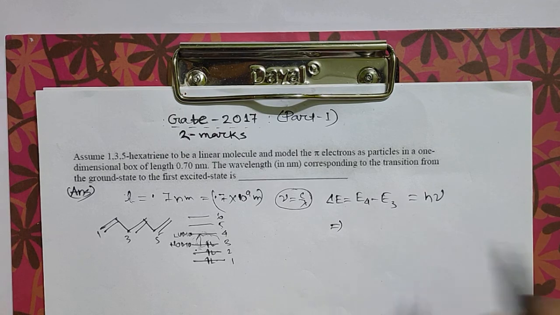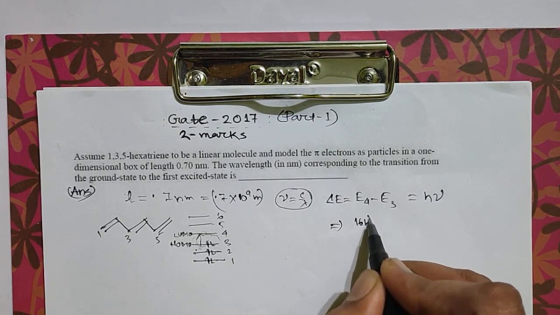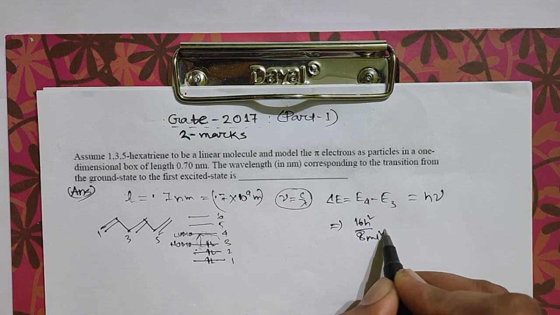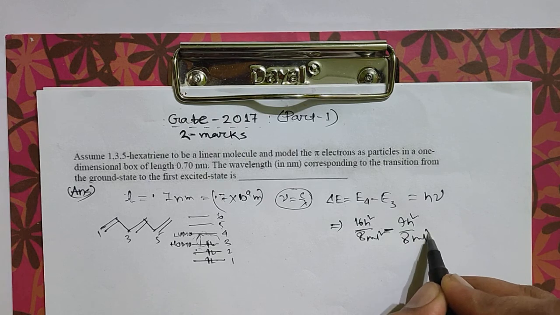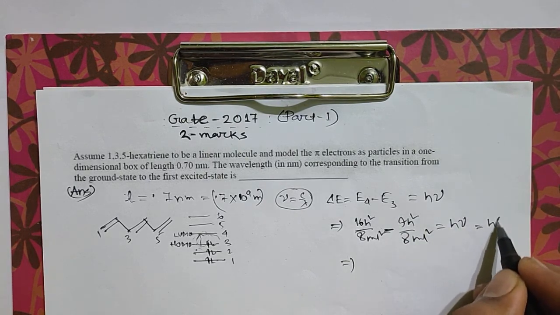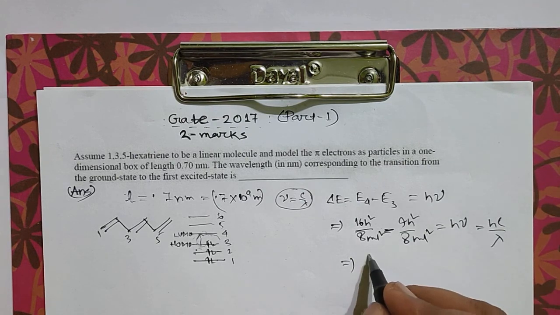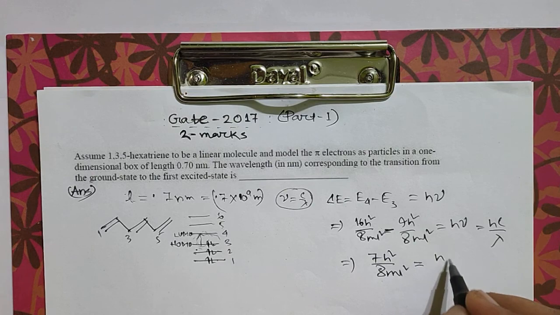So this equals 16 h square by 8 m L square minus 9 h square by 8 m L square, equals h nu, equals hc by lambda. So here it is 7 h square by 8 m L square equals hc by lambda.